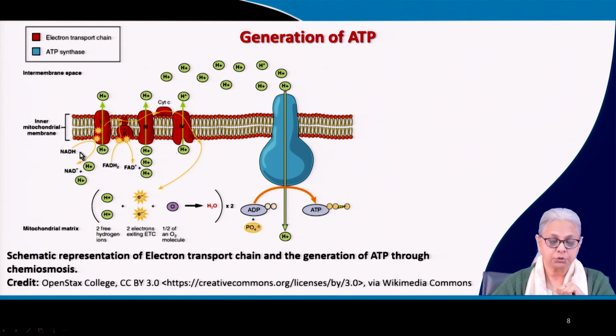It gets converted to NAD plus, which will go back to the glycolysis step and so on, and the same thing with FADH2, that will be converted to FAD plus, and again it will be sent back to the citric acid cycle. So here is the dissipation of the proton motive force and the generation of ATP utilizing ADP. So this entire process is oxidative phosphorylation.